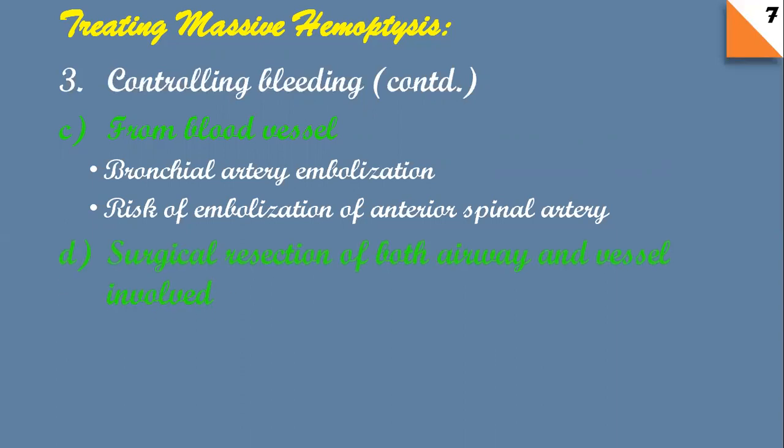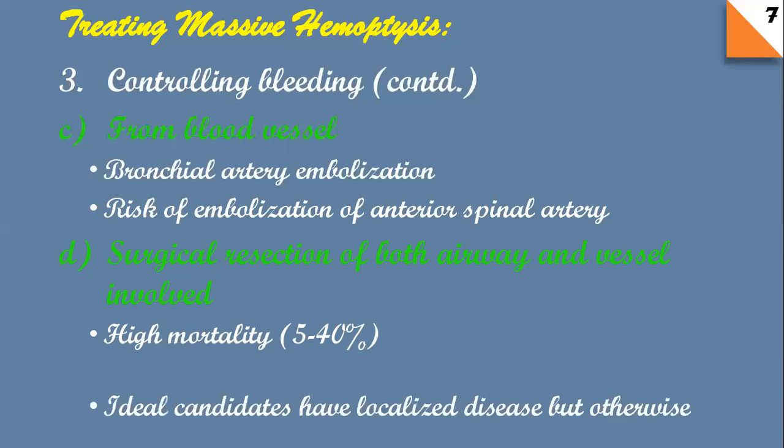The other one is surgical resection of both the airway and the vessels involved. It is a highly risky procedure, so it is not commonly preferred. There is a high mortality of 5 to 40%, and it is only done in patients in whom the previous methods have failed and the patient is still bleeding out.